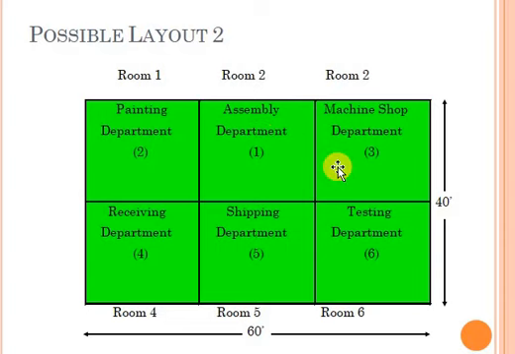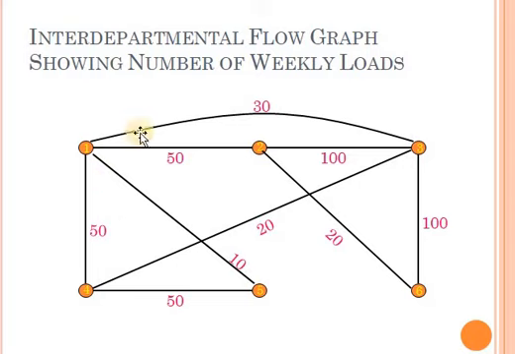It's next to department 3, so that we can minimize the traveling distance between department 1 and 3. See now that we have a smoother flow between the departments. We have fewer intersecting lines as well. So this is a better proposed layout.